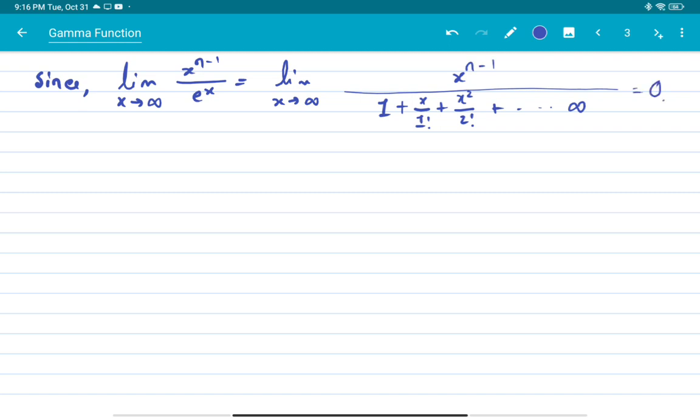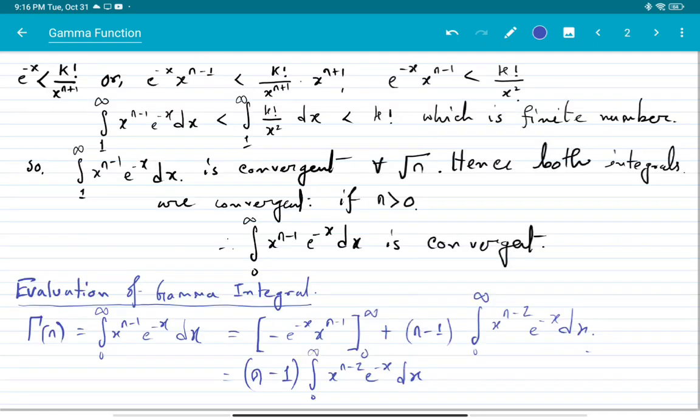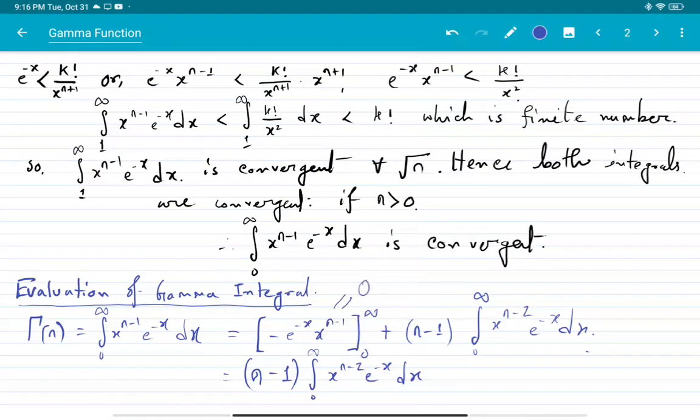So this is how we are deriving or saying that this equals 0.